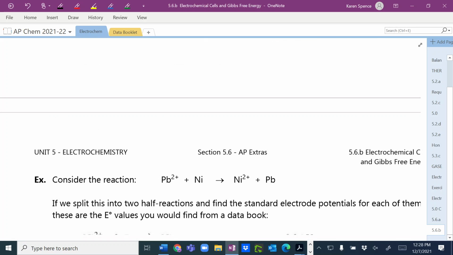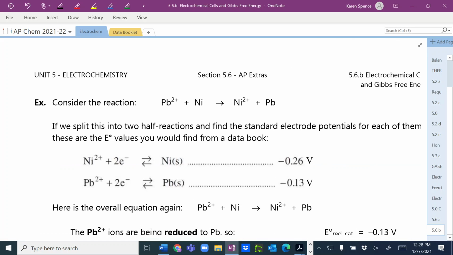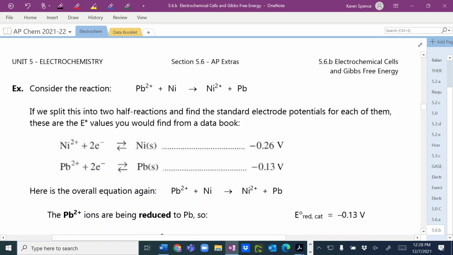Okay? So, here we have nickel and lead reacting together. And you can look up the two half reactions and you can find their reduction potentials. Would you be able to find the potential of this cell, the E0 cell?